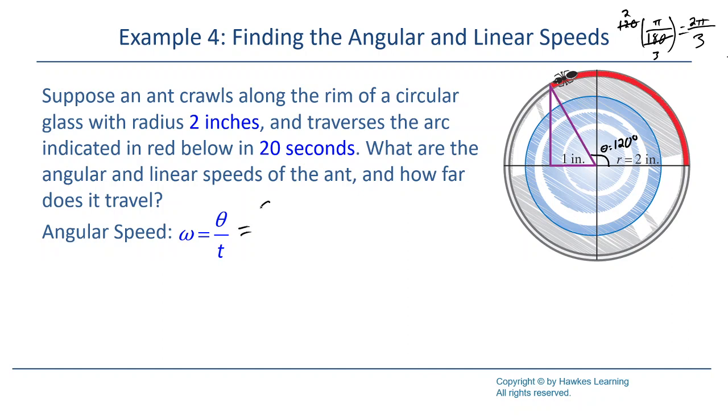So our angular speed is going to be 2 pi over 3 radians divided by the amount of time that the ant spent crawling, which was 20 seconds, which is equal to pi over 30 radians a second.